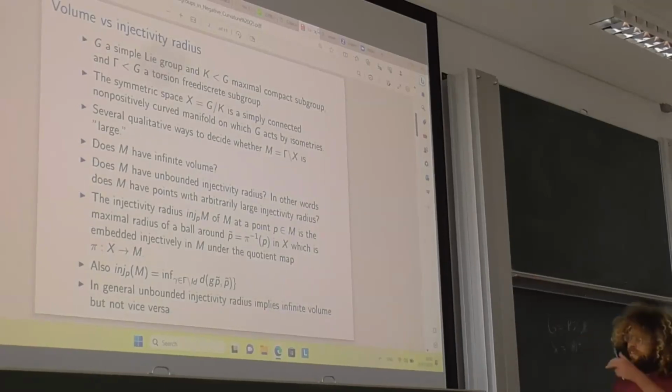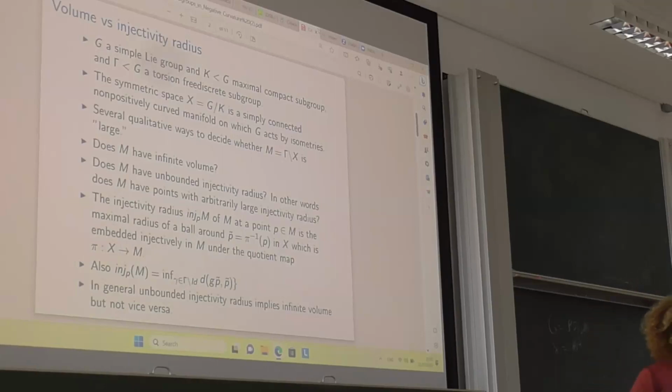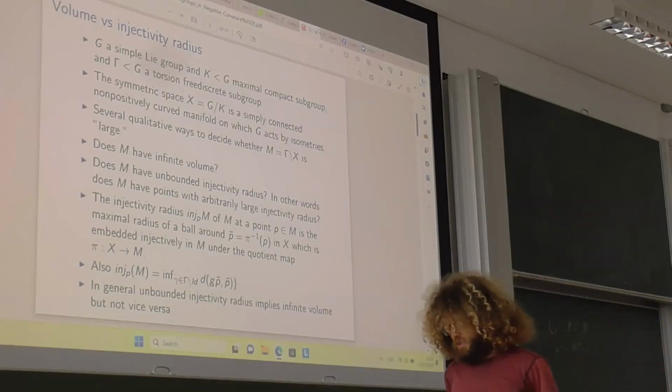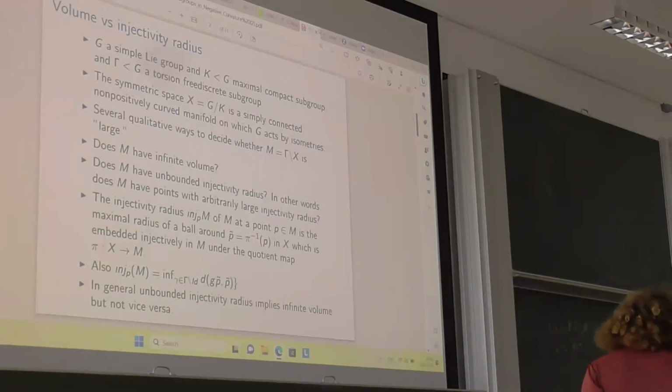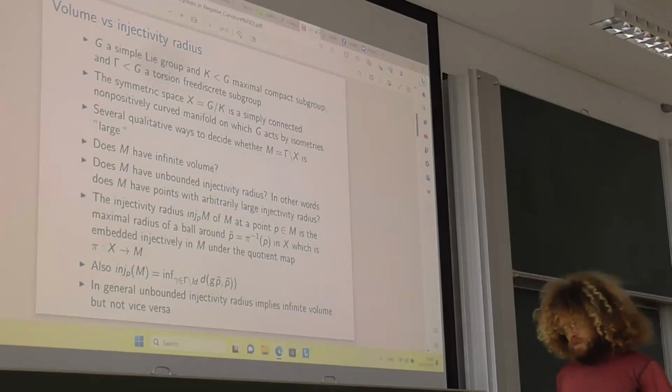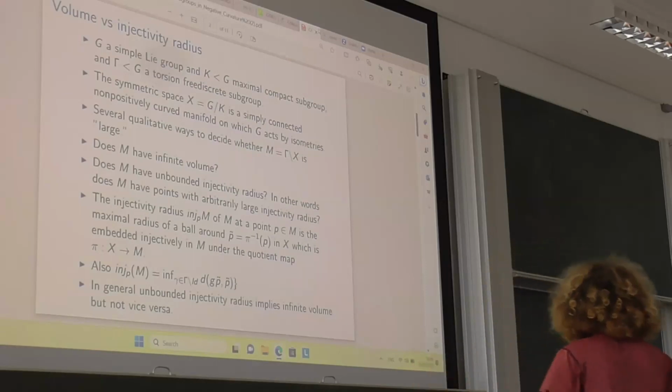So everyone likes that. And then you want to further quotient out this thing by a discrete group, and you get some manifold now, which is not simply connected, but it's still a non-positively curved manifold. And there are various philosophical notions about what it means for it to be large.